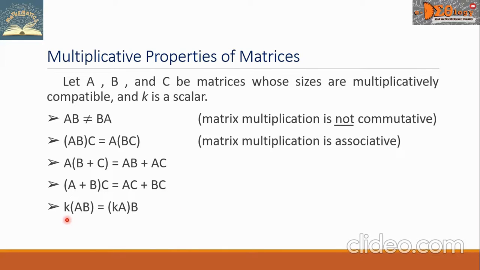The scalar k multiplied by the product AB is equal to the product kA multiplied by B, and this is also equal to the matrix A times the product kB. These are the properties of multiplication of matrices.